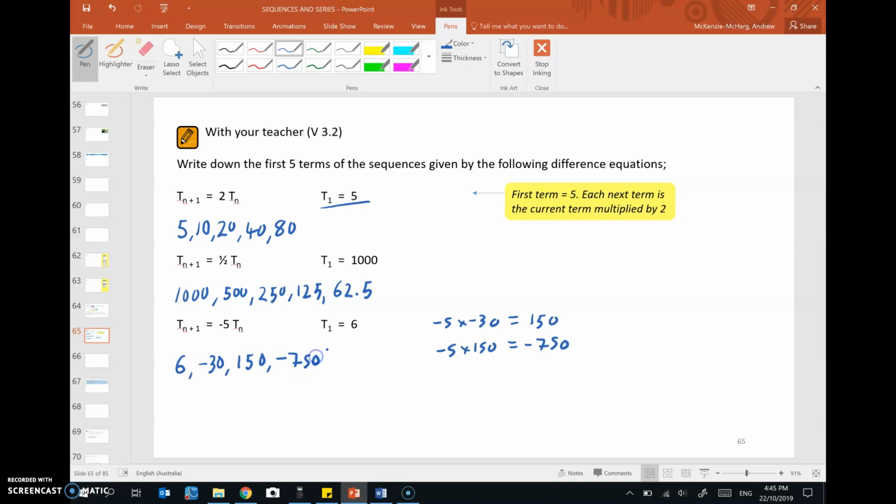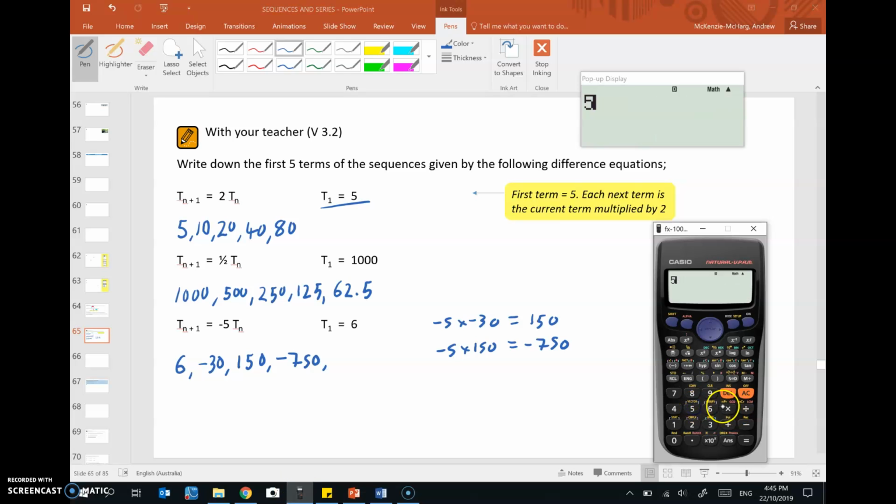So what we see here is that we get an alternating sequence. So the next, we're going to do -5 by -750, which I'll just quickly put into the calculator just to make sure I definitely get the right number for you guys, which is 3750. Now of course that's negative by negative, so it goes back to being positive.